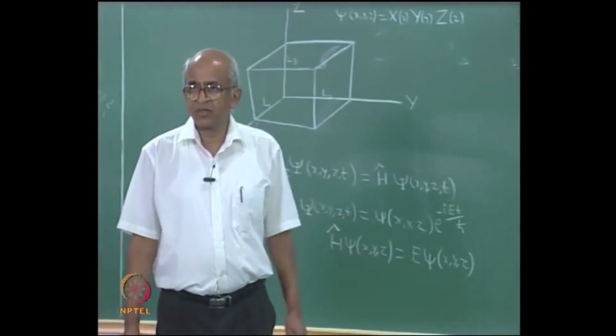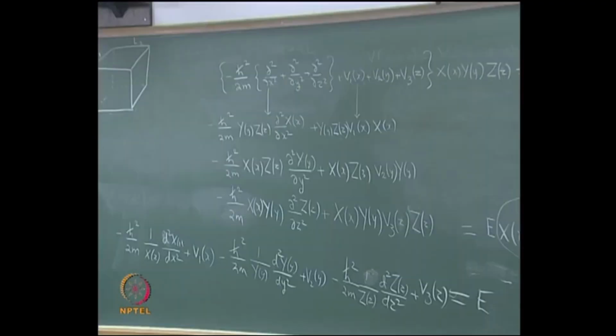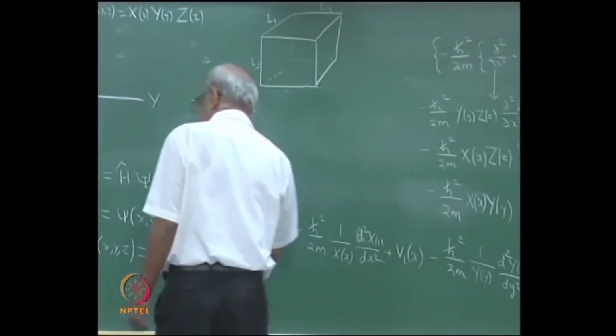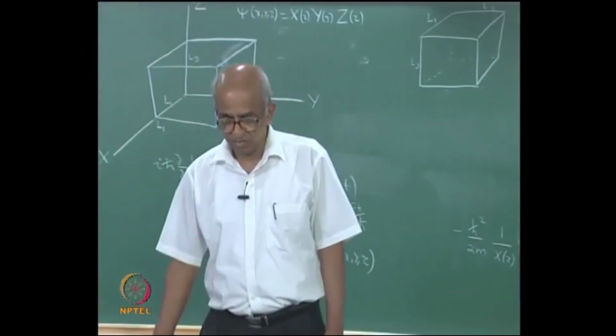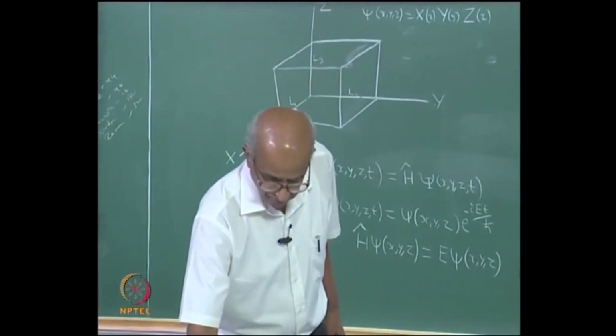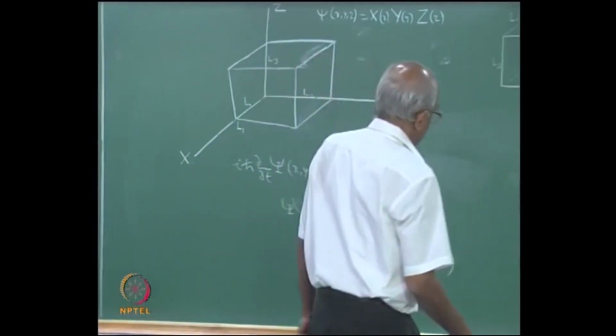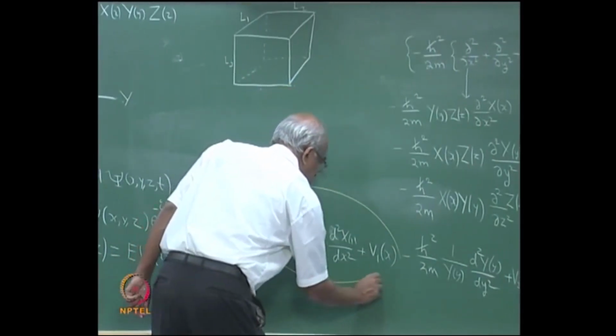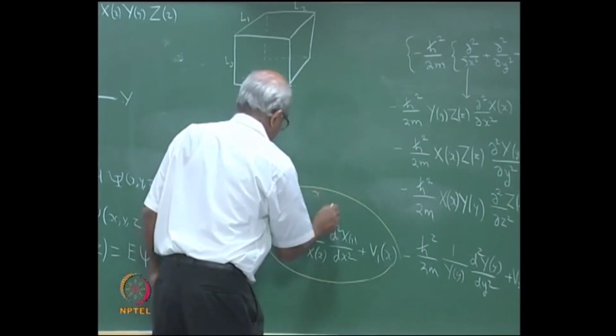So, this is the result, but then if you look at this result you notice something interesting. If you look at these two terms, what do you find? They depend upon x.